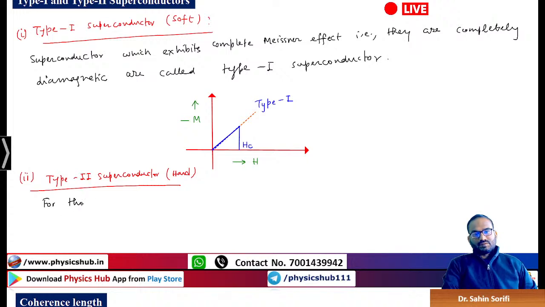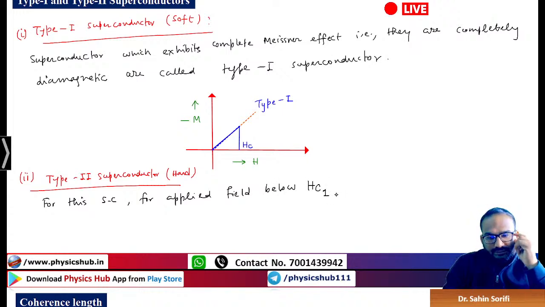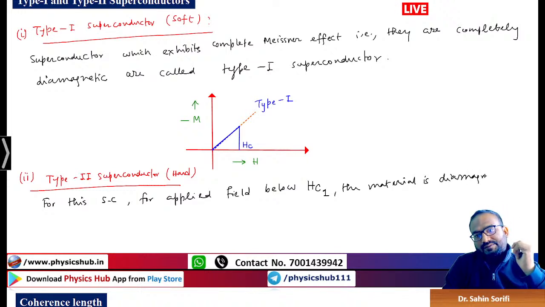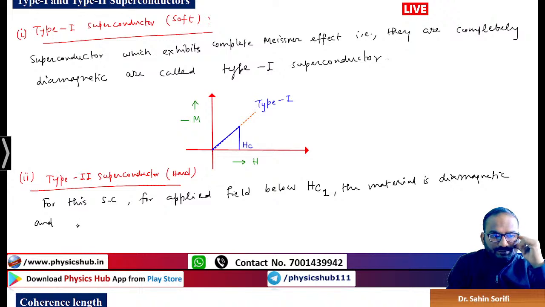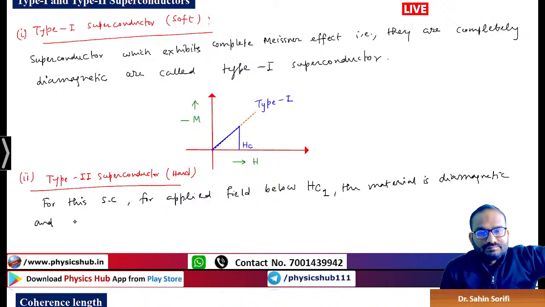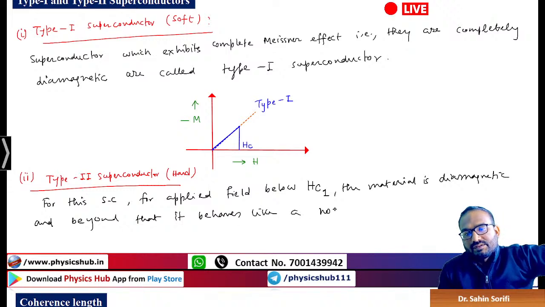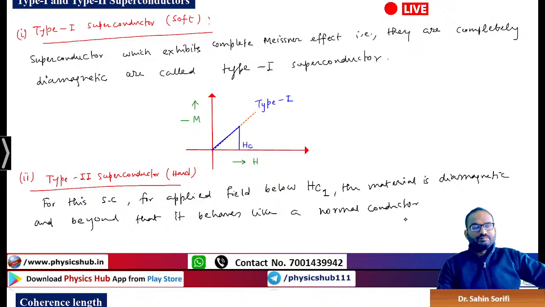For this superconductor, let's write SC for superconductor, for an applied field below, let's say, HC1, the material is diamagnetic, and beyond that it behaves like a normal conductor.